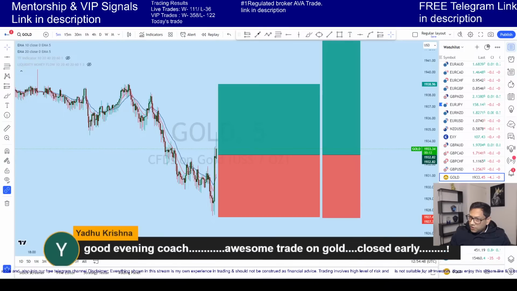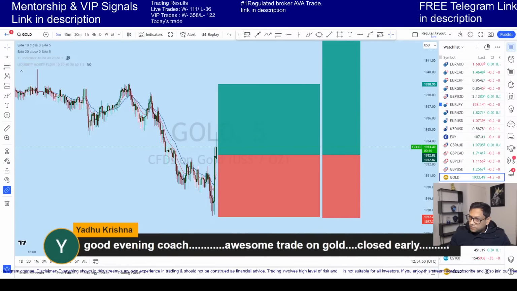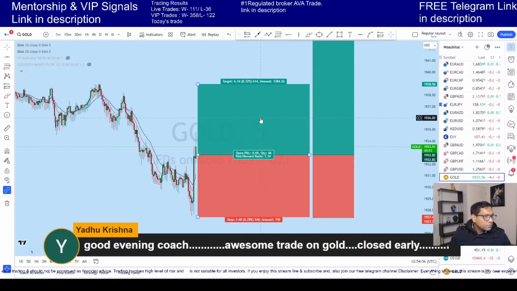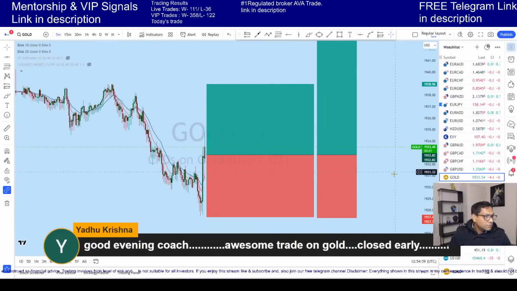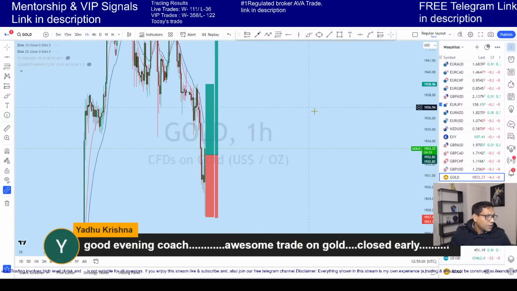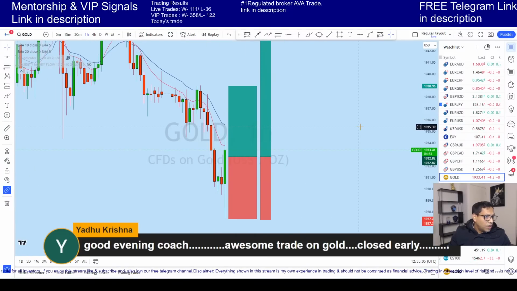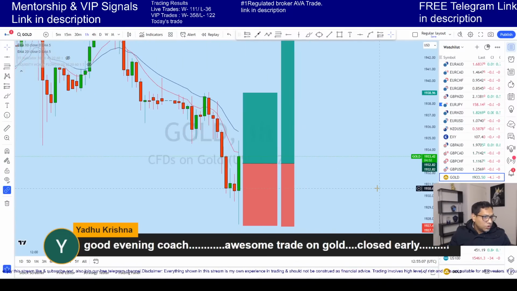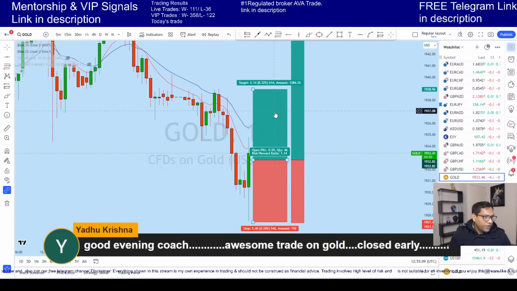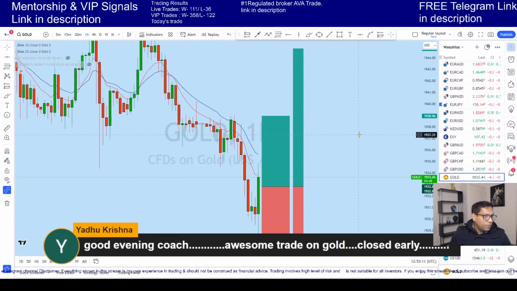That's awesome. Thank you very much. This is the 1 hour. You see that this 1 hour candle on gold is closing with a very sharp rejection from the bottom.